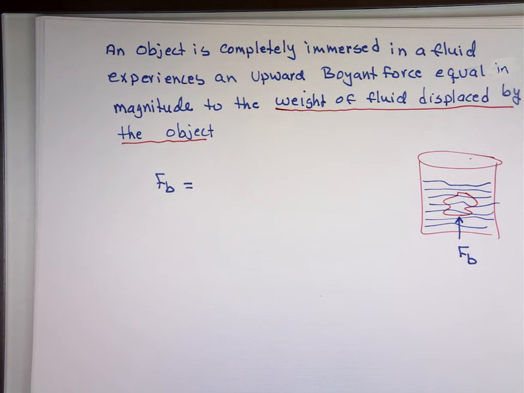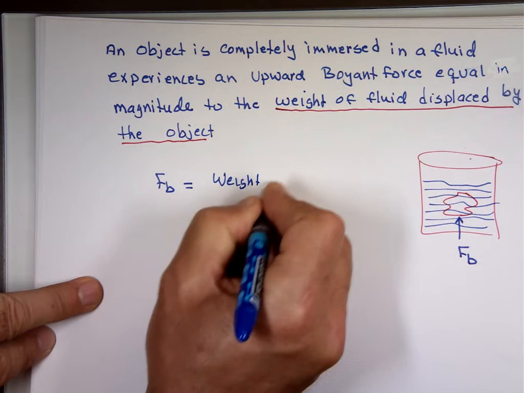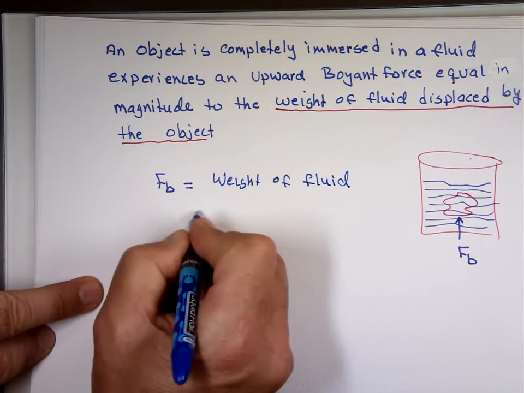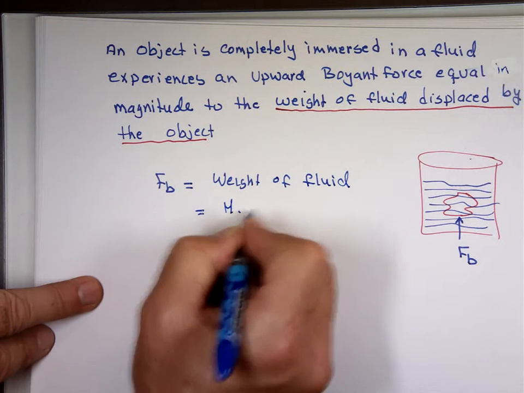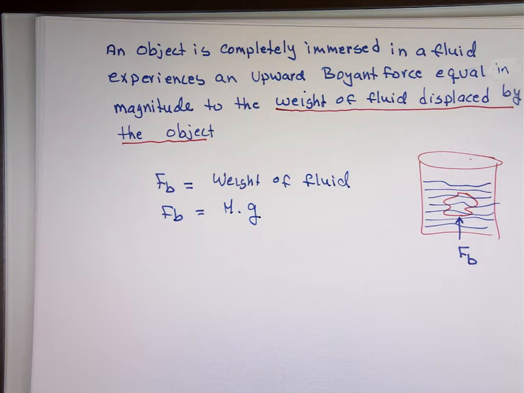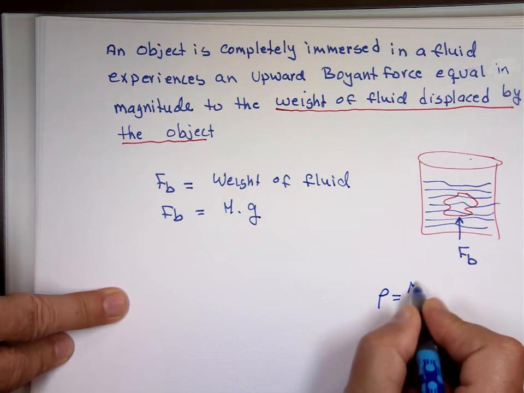Let's look at that statement. The weight of the fluid. Well, we know weight is what? Mass times gravity, isn't it? And to get the mass of an object, we know the density rho equals mass over volume.